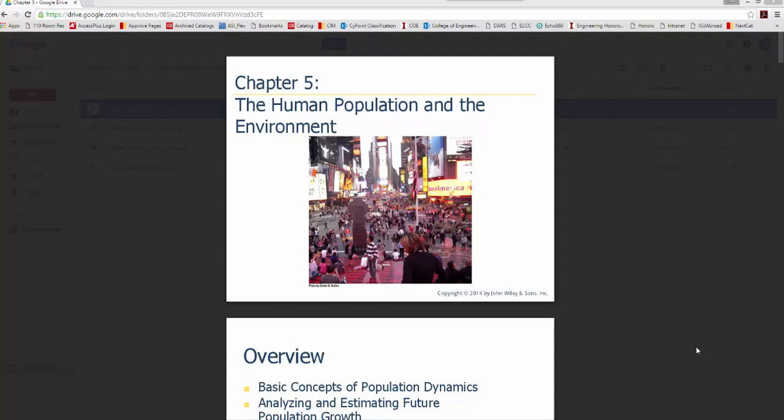Or to use terminology from the last chapter, I believe it was chapter 4, human population can produce a positive feedback and/or a negative feedback. And in many cases, they provide both.